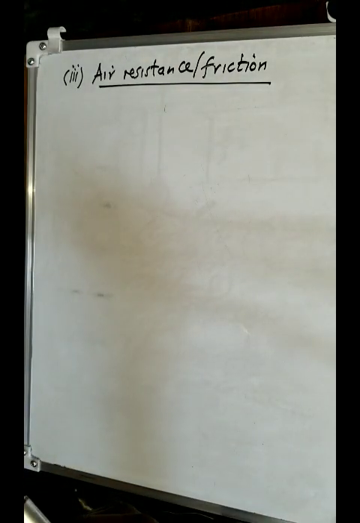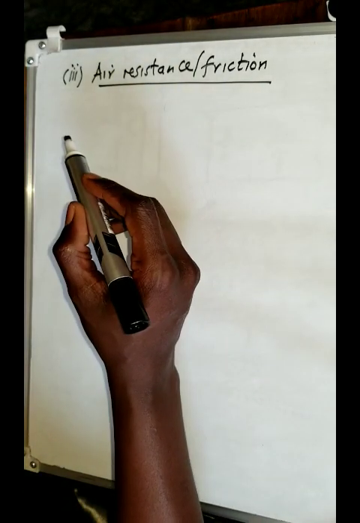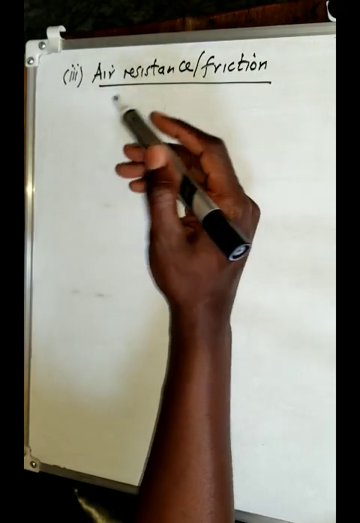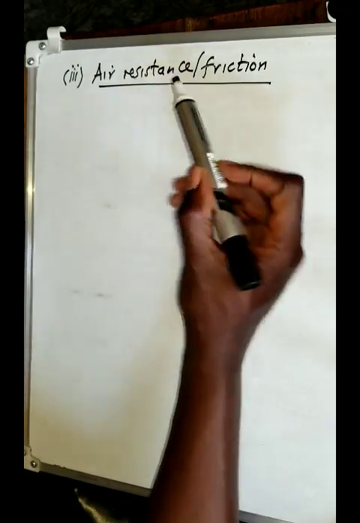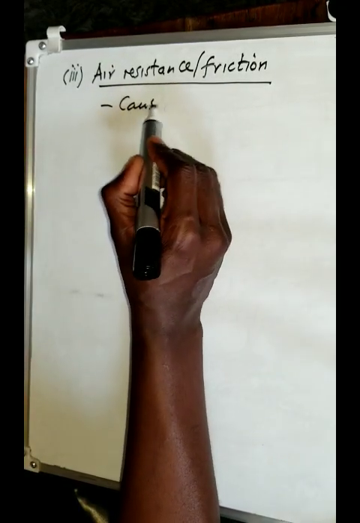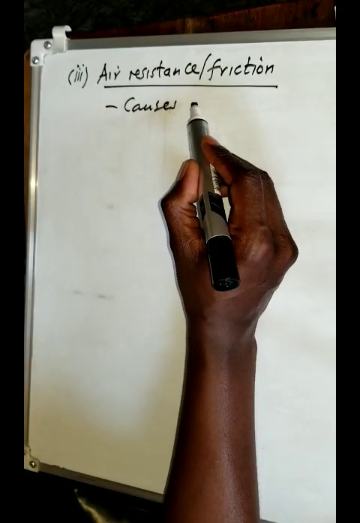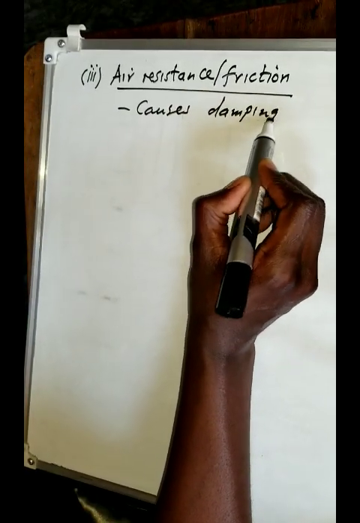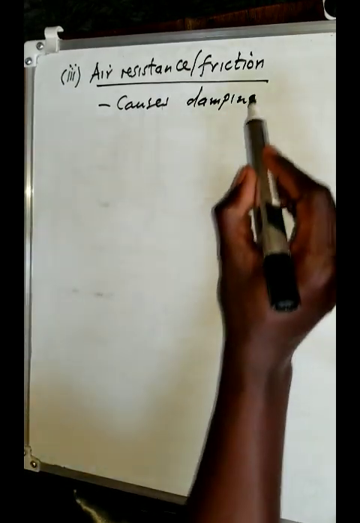So in a real life situation, you need to remember that air resistance has a slight effect in the real world setup, because air resistance causes damping, which is not actually accounted for.